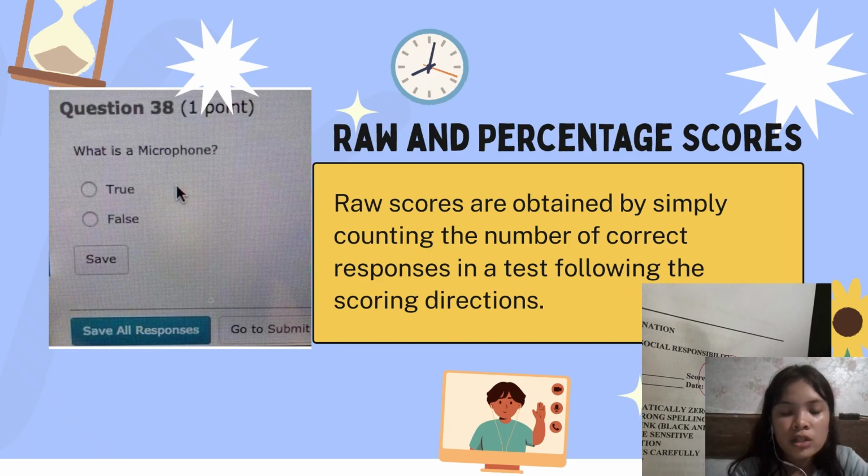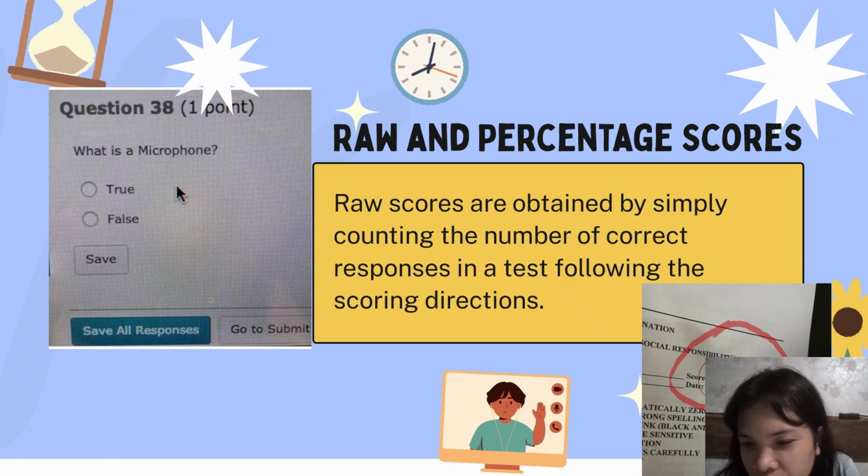That's why raw scores are oftentimes converted to another score type. So I'm going to show you the example here. From this example, the student got 28 over 50.